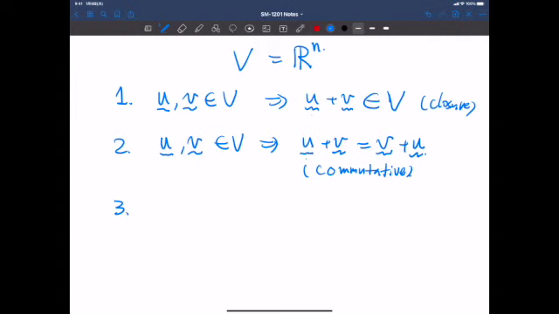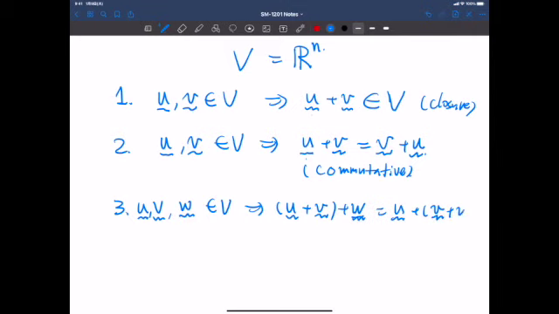And third, if we have three vectors u, v, w, then we have associativity: u plus v plus w.